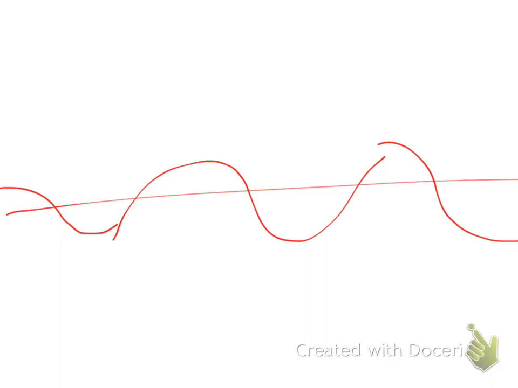Okay? So that means that the sine curve is going to hit a half, a half, a half, a half, a half, right? When do these things happen, though? When does sine equal 1/2?